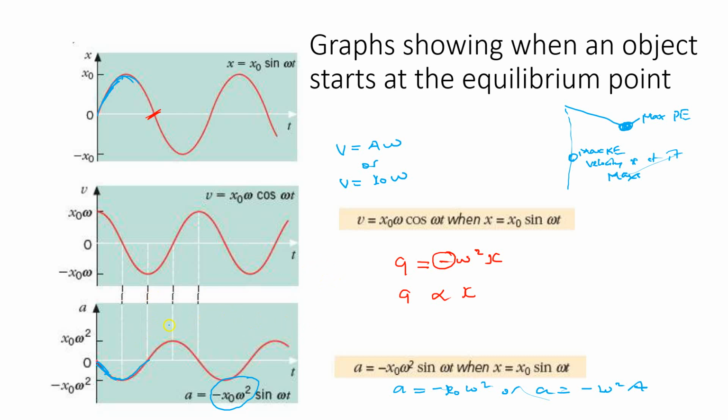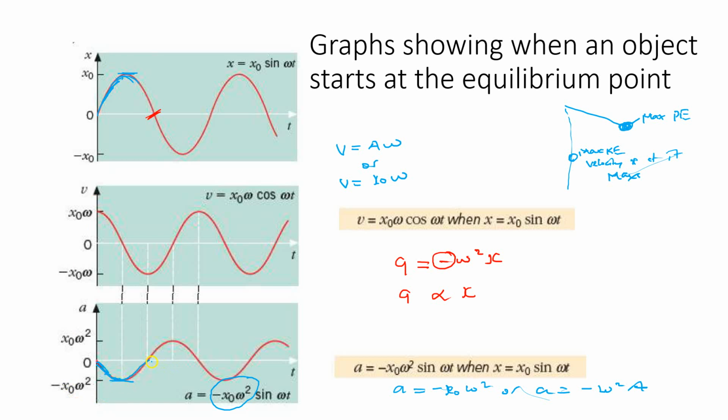This is for when you have a sine displacement graph, which tells us that the object is displaced from the equilibrium position. By comparing the acceleration graph and the displacement graph, what you're seeing here is that when the system is displaced to the maximum amplitude, that is when the system has its maximum acceleration.